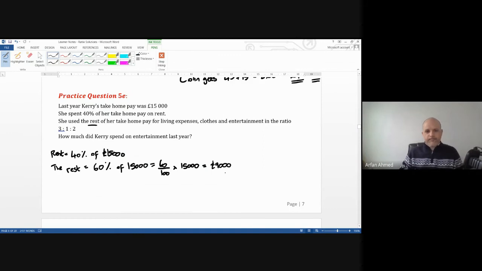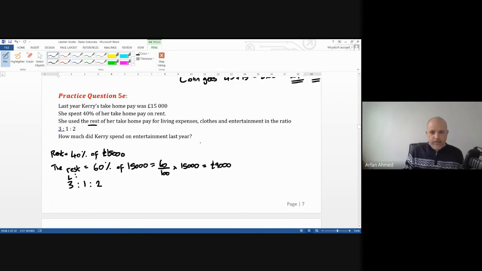Okay. And that's being shared in the ratio 3 to 1 to 2. So what is 3? That's living expenses.